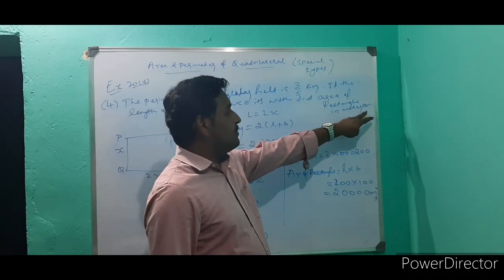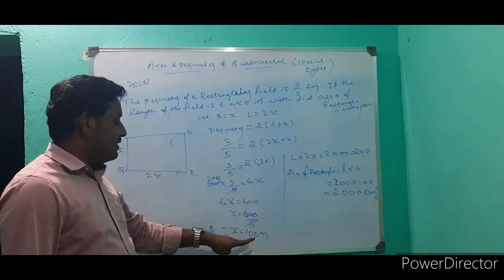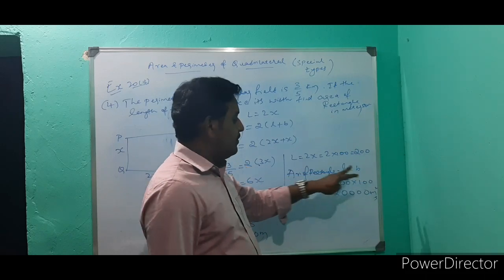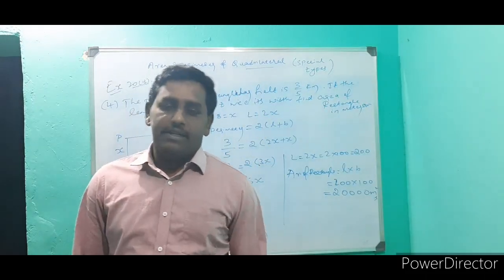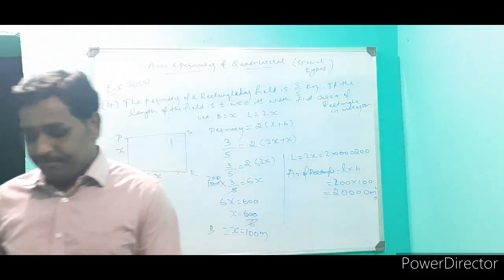I forgot here to write meter square. So that's why I converted kilometer into meter. That's why I get B value. After finding B value, then find L value and put in the formula area of rectangle, length into breadth, and you can easily find out the area of rectangle.